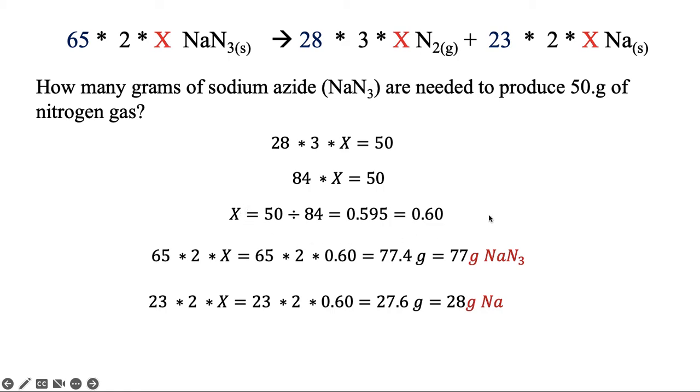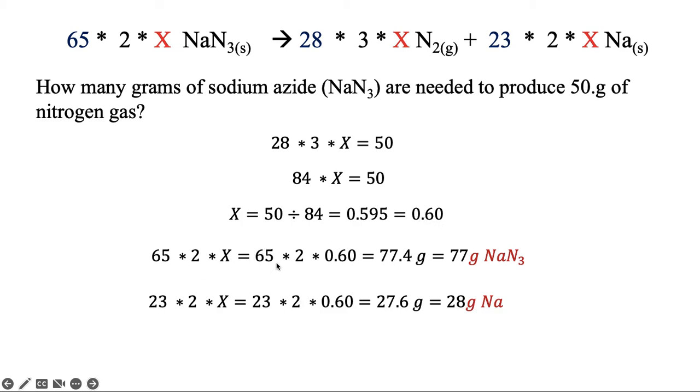This is called your magic number, and I can take this value of X and plug it in for the X in any of these compounds and figure out the amount of grams of all of them. So let's do the amount of sodium azide like we did in the previous problem. I take the product that's in front of sodium azide, 65 times 2 times X, and I substitute X for this magic number, 0.6.